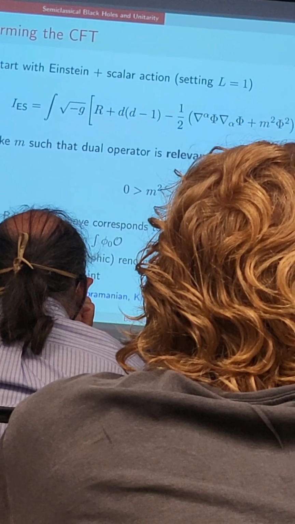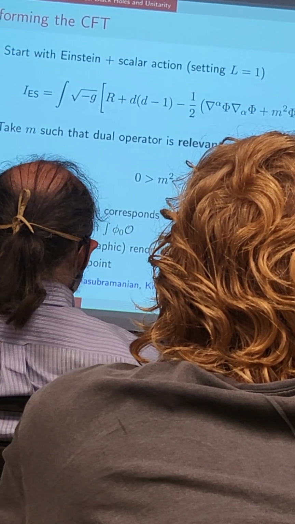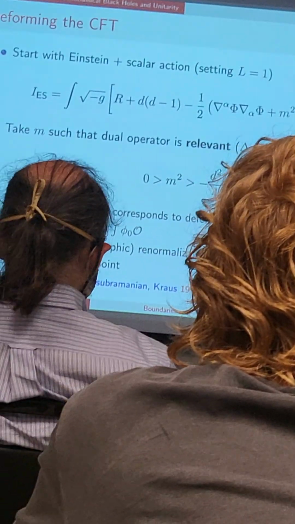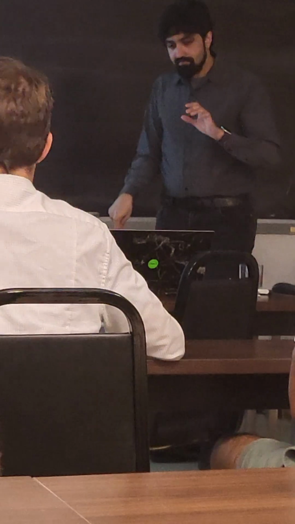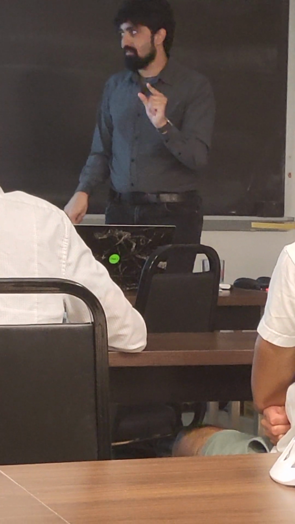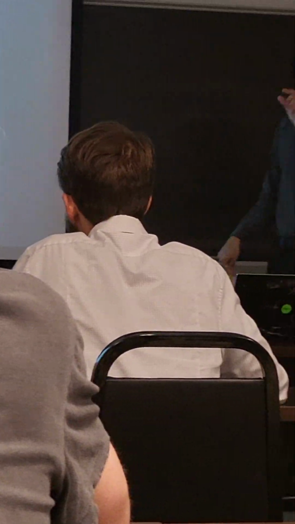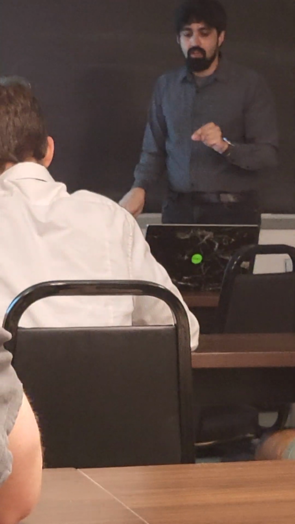But that's fine in AdS because scalars in AdS are allowed to have negative mass squared as long as they're above this bound. Now, when I add this scalar to the bulk, what I'm doing in the CFT is adding a term to the action of the CFT that looks like this: an integral over some source, phi naught, times this operator O. So this is a relevant deformation of the CFT.